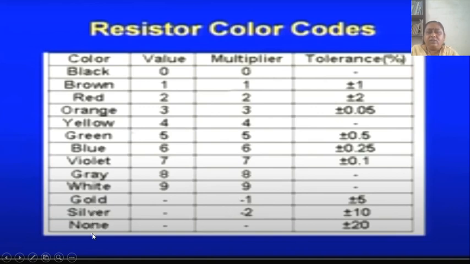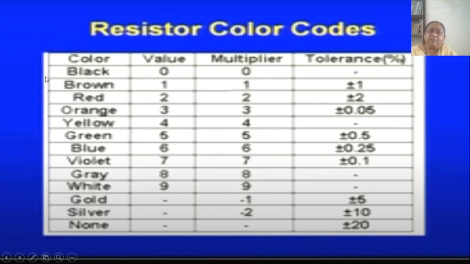Gold, silver, none indicate tolerance: for gold, tolerance is plus minus 5; for silver, tolerance is plus minus 10; and if there is no color for the last band, the tolerance is plus minus 20. Also, gold indicates a multiplier of minus 1 and silver a multiplier of minus 2.